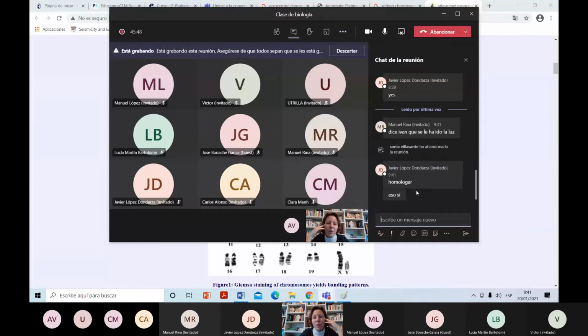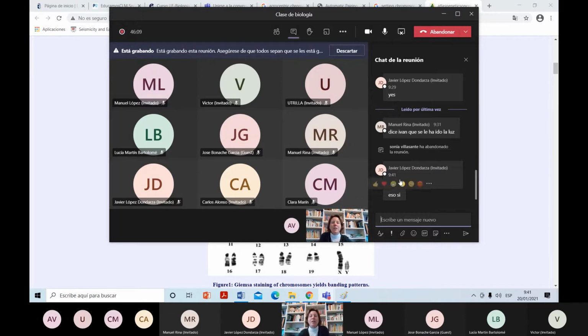Homologar, vale. Homologar is making something having the same, being as useful as the other one, or being useful, giving a right. Lo homologas, lo haces útil, puede funcionar ya, ¿no? Lo haces que sea oficial, que es útil.